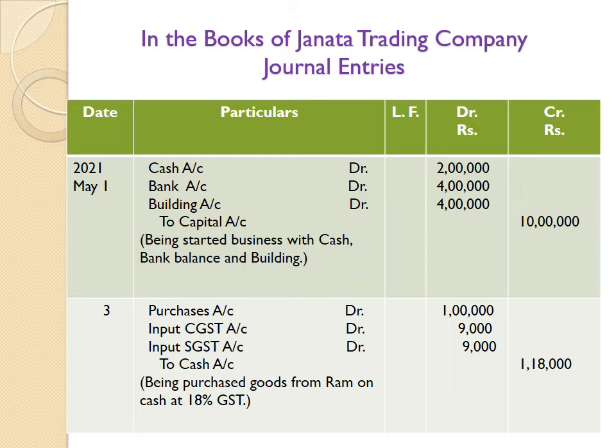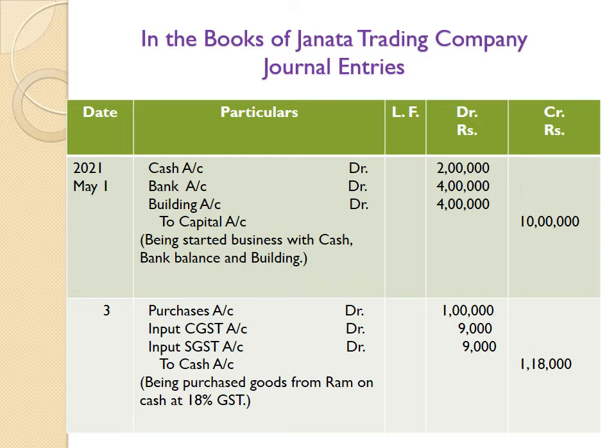So firstly, three assets, some assets are in the nature of current asset and some assets are in the nature of fixed asset. Cash came into business, so cash account debit.